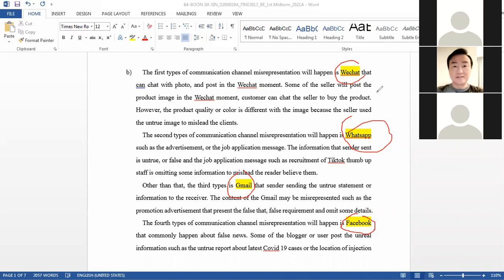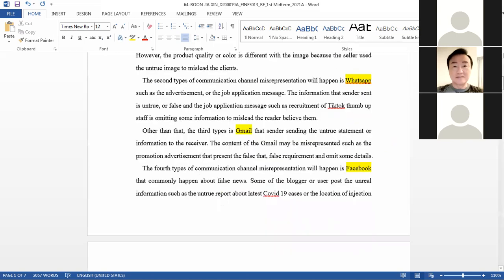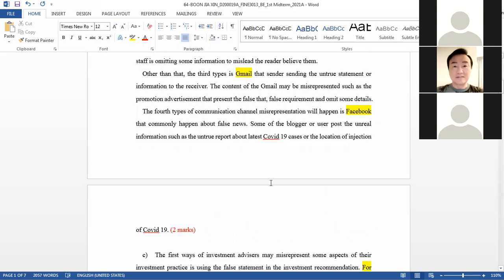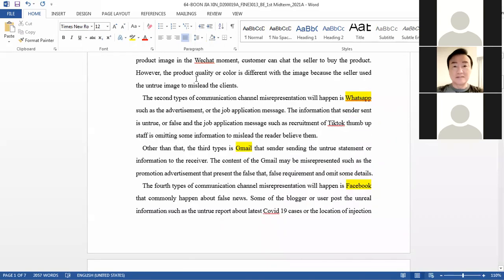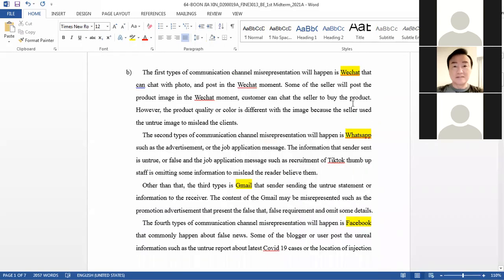This is really a joke, WeChat, WhatsApp, Gmail, Facebook. Then you have Twitter. Wow, fantastic. So basically, you only get 2 marks because you only mention one communication channel, electronic communication channel. Okay, are you with me?